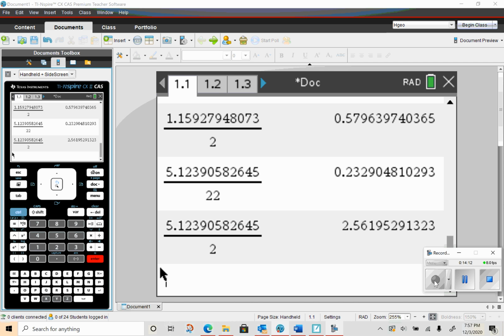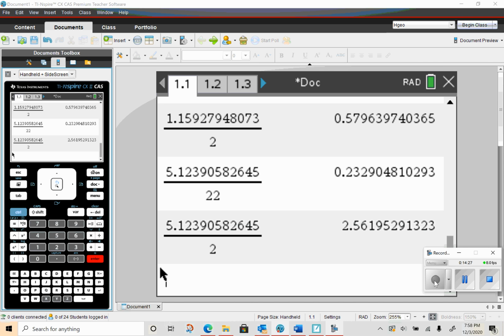Okay, yeah, great. I've got this on video here, how I make mistakes sometimes. I'm taking half of 5.123. There's no way that that's 0.23.